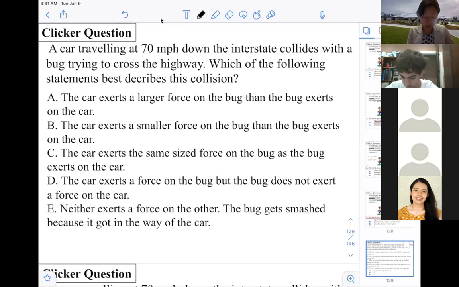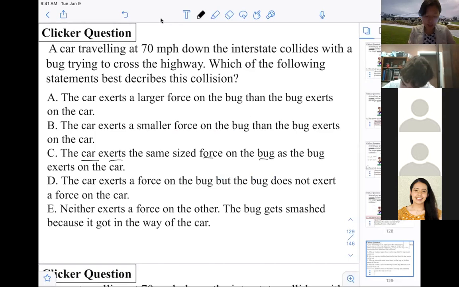If the car exerts a force on the bug, the bug exerts the same amount of force on the car. Let's say it's 5 newtons. But 5 newtons is so big for the bug, it's enough to smush it. But 5 newtons on the car is nothing. The car barely gets affected at all and continues to go, right?